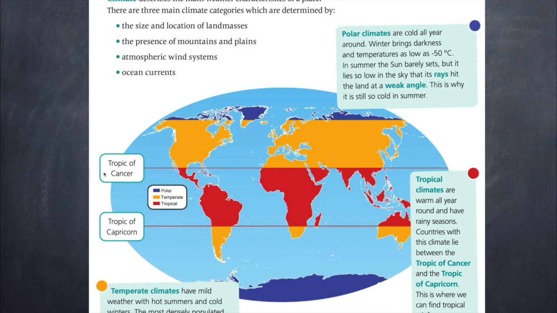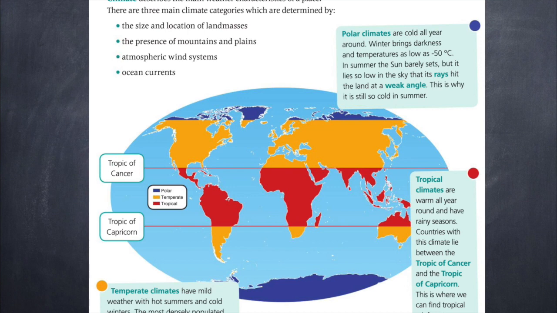Now we are going to see the different types of climate in the world. First, we need to take into account the Tropic of Cancer and the Tropic of Capricorn. The climate between these two tropics is called tropical. Here it is warm all year round, and there is also a rainy season. As well, in these countries we can find tropical rainforests.